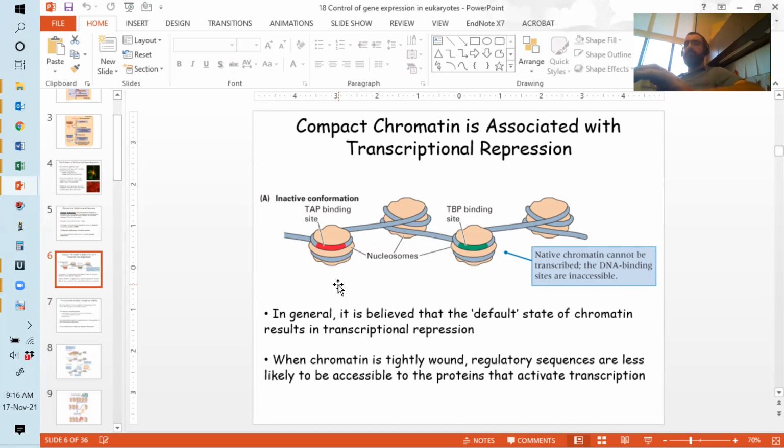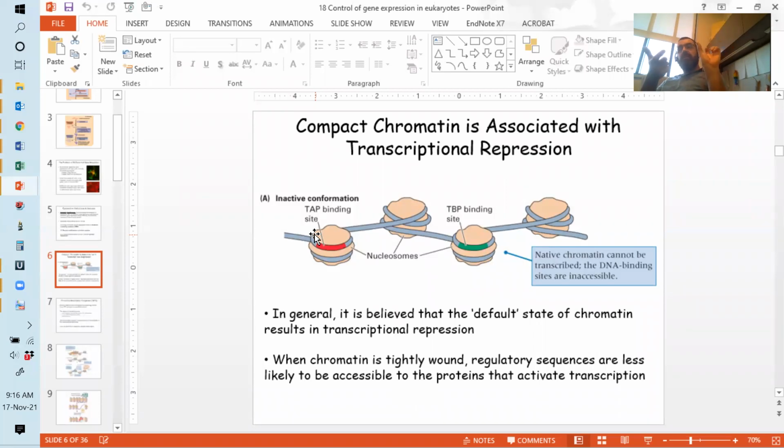You could also shuffle them along, like an abacus, you just push them to one side, and now that bit of DNA is free and available. Or you could rotate the histones, like a thread on a bobbin or an anchor chain around a capstan.